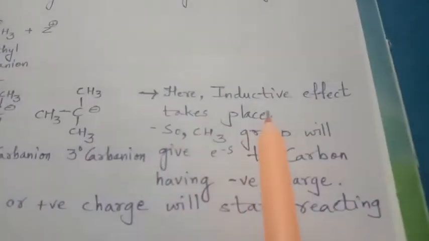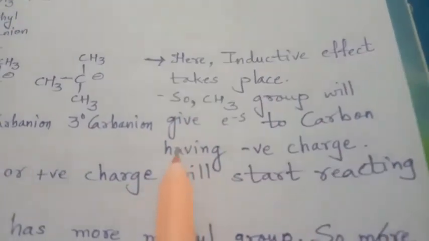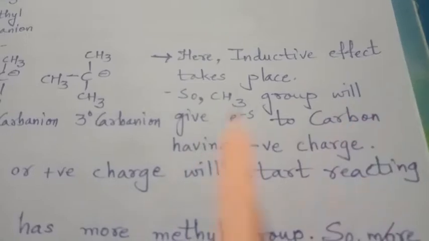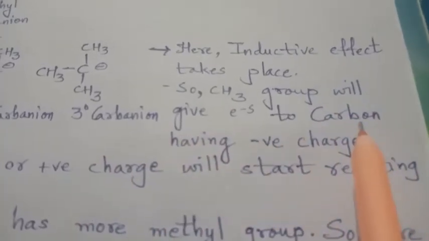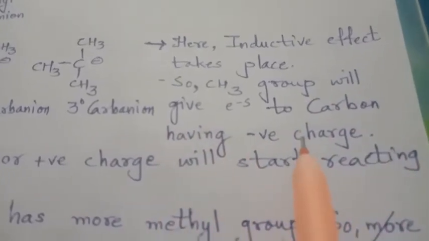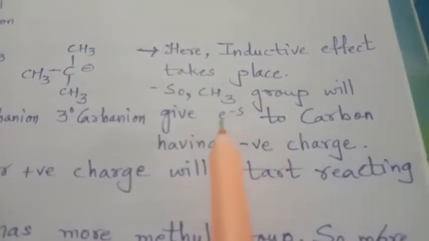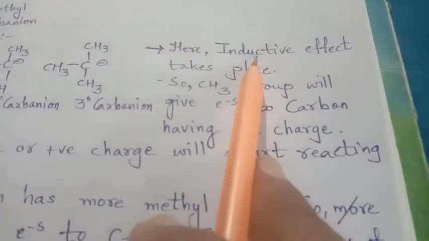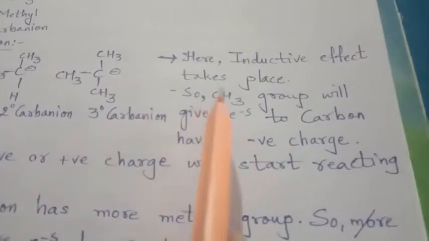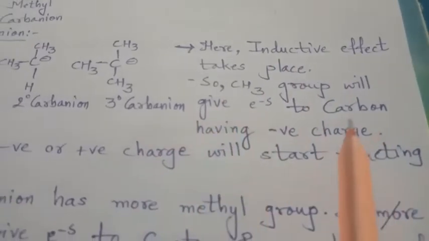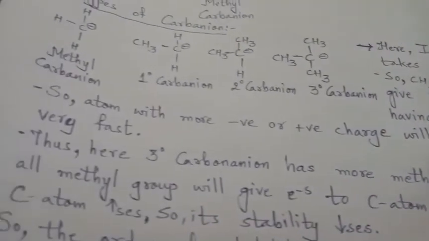So here also the inductive effect is taking place, right? What is the inductive effect? To give electrons to the attached species. So here, as per the inductive effect, the methyl group will give electrons to the carbon having a negative charge.